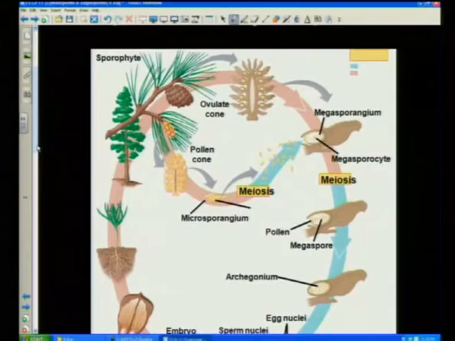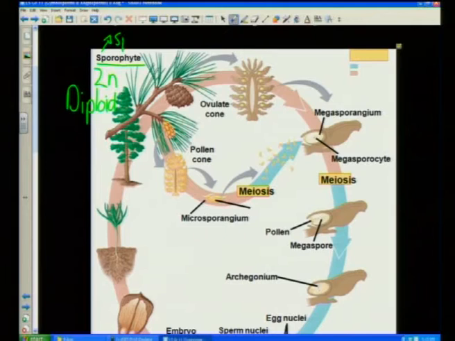Let's start with the sporophyte generation. There's the pine tree, which is representing the sporophyte generation. The sporophyte generation is our 2N, or diploid generation, meaning that the sporophyte is also going to produce spores.